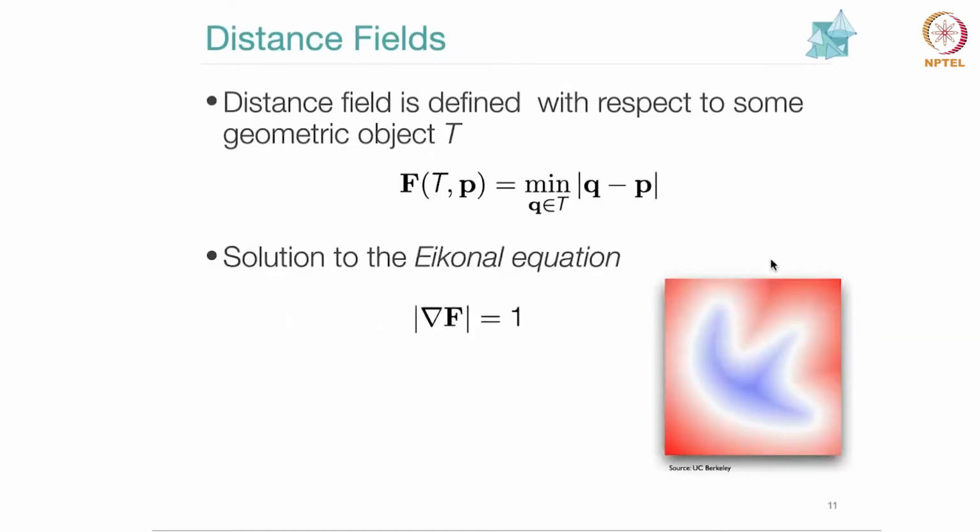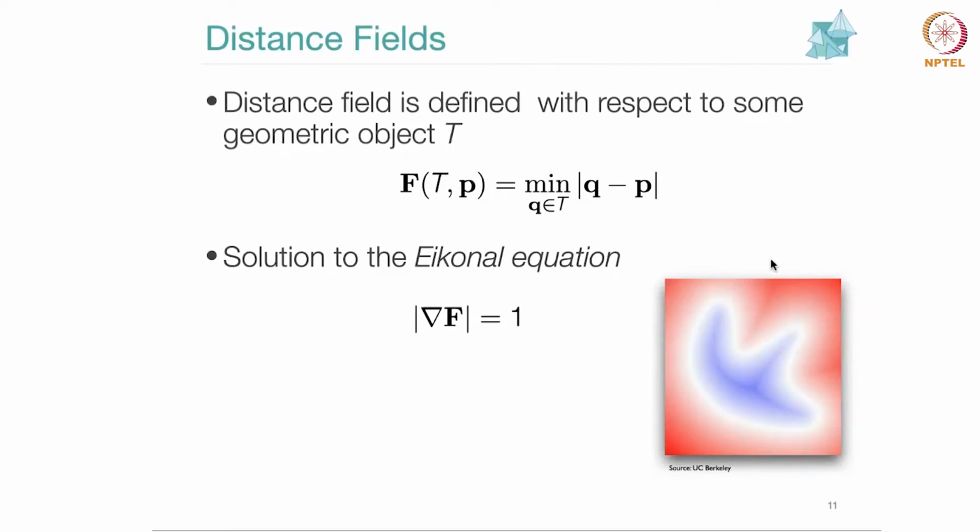Just to give you an idea how it looks, you can see this image here. You see a blue region, a white region, and a red region. The white is not actually a region, it's a curve, and that's my shape. So my shape T is essentially this curve here.